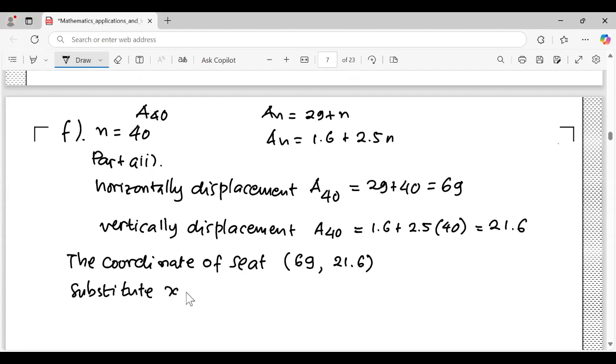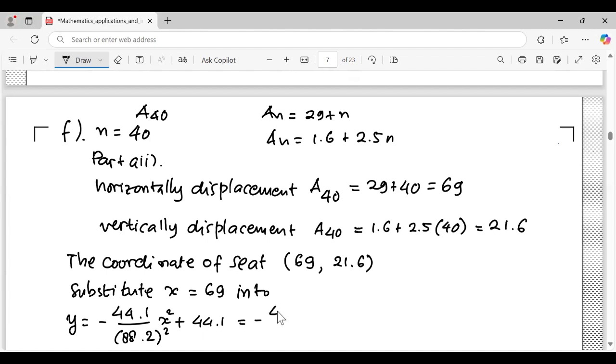Next, substitute x equals 69, because we are going to find the distance horizontally, into y equals minus 44.1 over 88.2 squared times x squared plus 44.1.